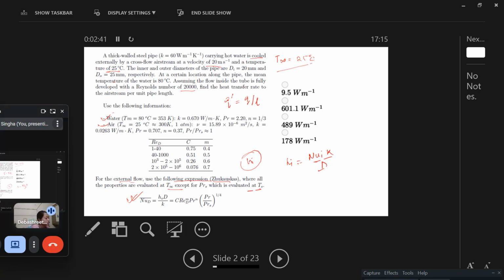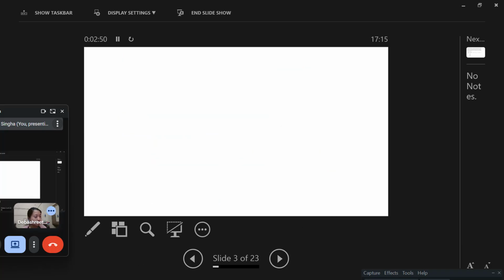So the equation is hi is equal to K by Di into Nusselt number. Nusselt number is given by 0.023 Re D to the power of 4/5.